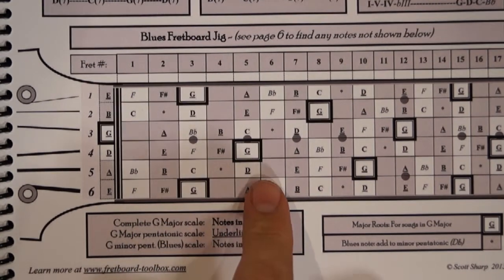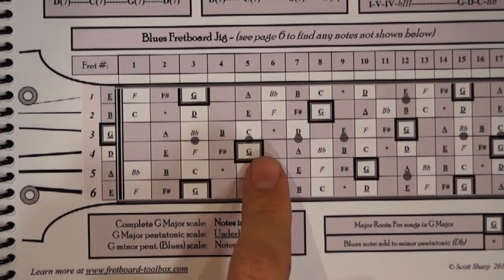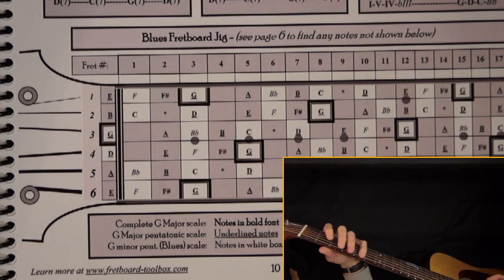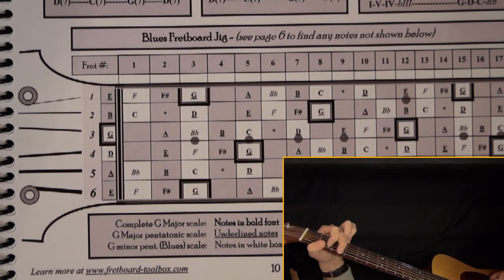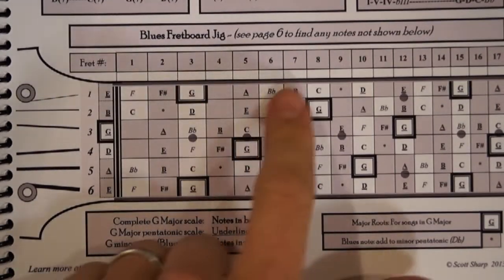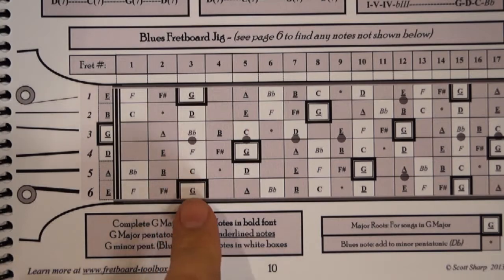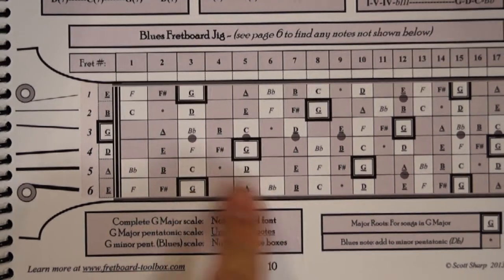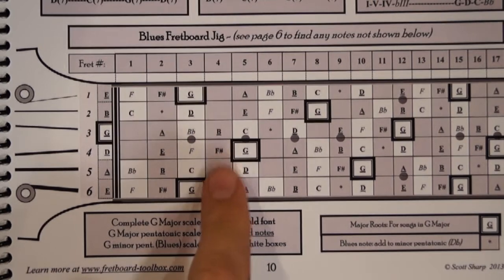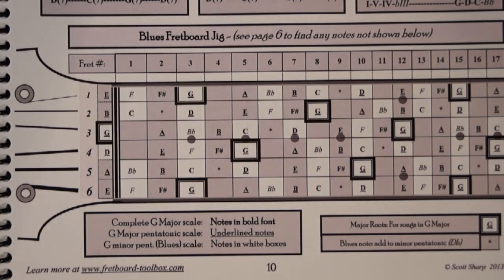So G, A, B, D, E, G is my G major pentatonic notes. So then if someone's showing me mixing minor pentatonic notes, which are the white boxes, with major pentatonic notes, the underlined notes, I can see exactly which notes I'm pulling from. Or if they add a flat 5 in a lick, I can see that.